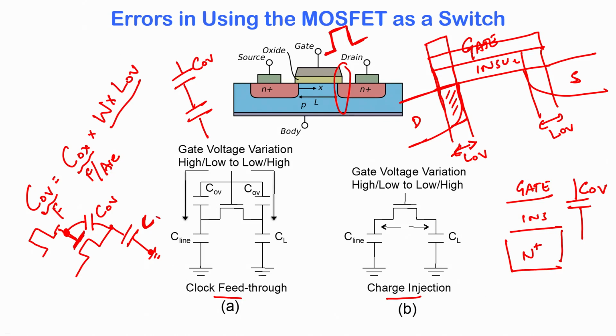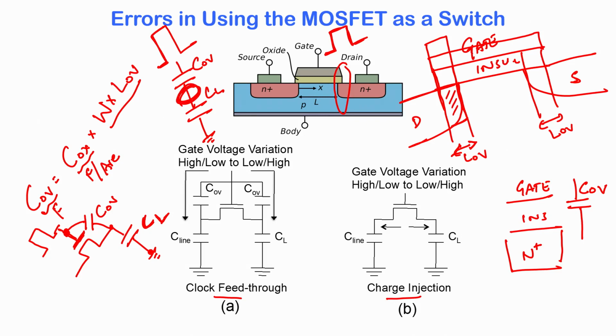So, we have these two capacitors in series and a gate voltage that is going up and coming down, and it is this voltage that is creating a fluctuation on your load capacitance.